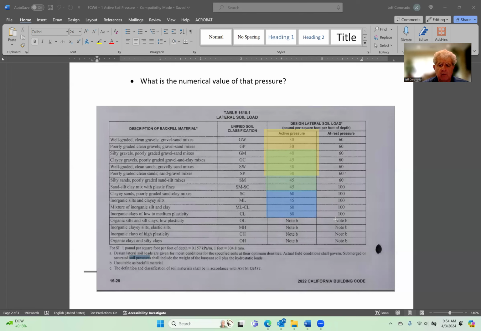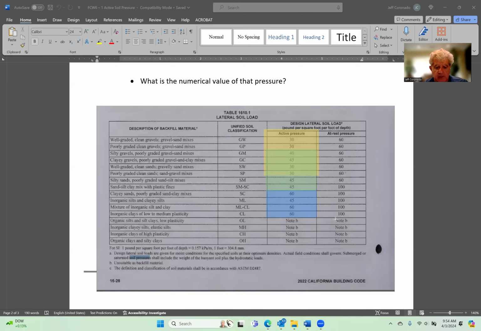What I've encountered most frequently is somewhere in the order of 30 to 45 pounds per cubic foot. If I didn't have a soils engineer, I might do it for 30 pounds per cubic foot. If I wanted to be fairly conservative, I would do it for 45. I don't think the norm is to assume 60 pounds per cubic foot.